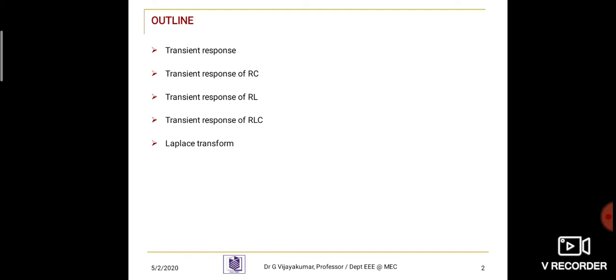Number 2, transient response of RC circuits. Number 3, transient response of RL circuits. Number 4, transient response of RLC circuit, and what is the difference between time domain and S domain. Fifth one is Laplace transformation.